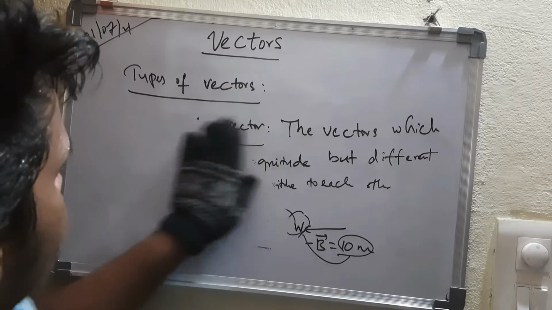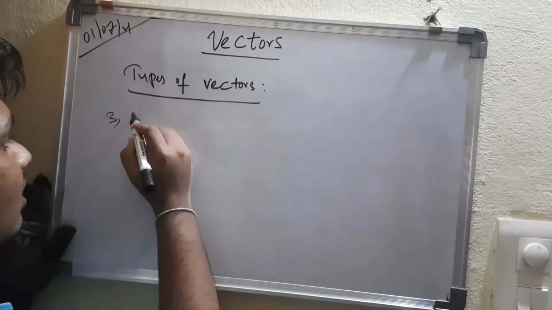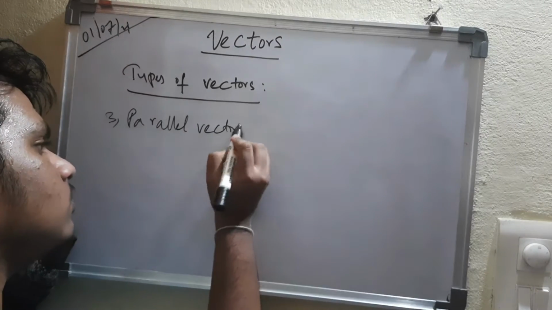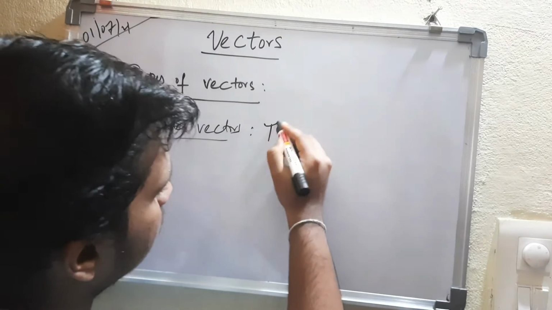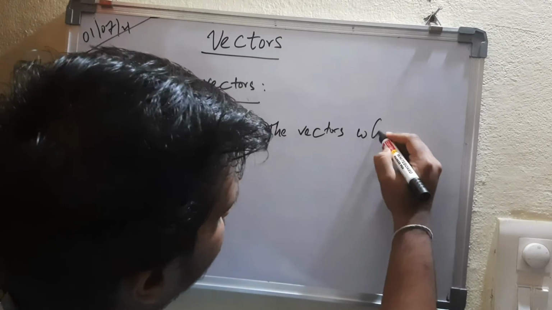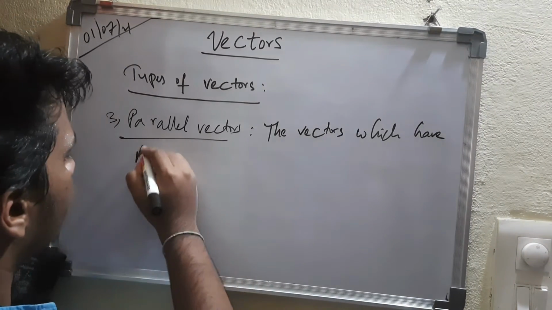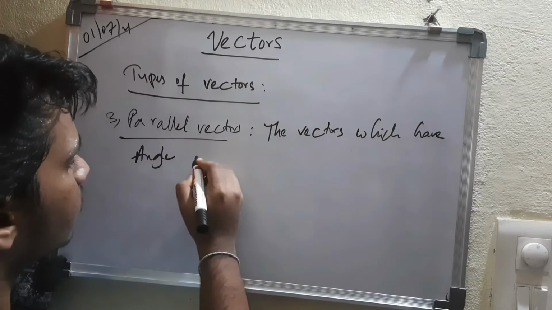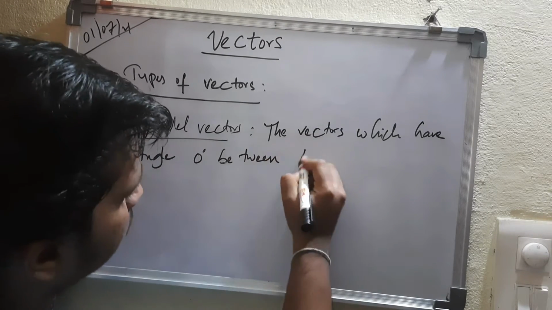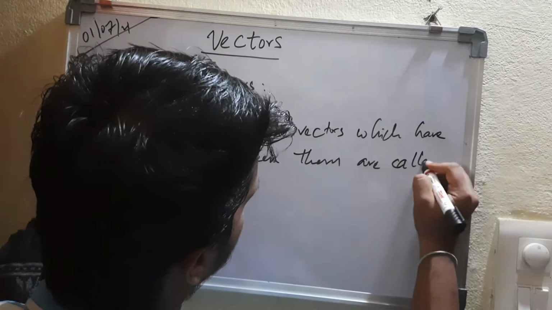Now the third type of vector, parallel vectors. The vectors which have an angle of 0 degrees between them are called parallel vectors.